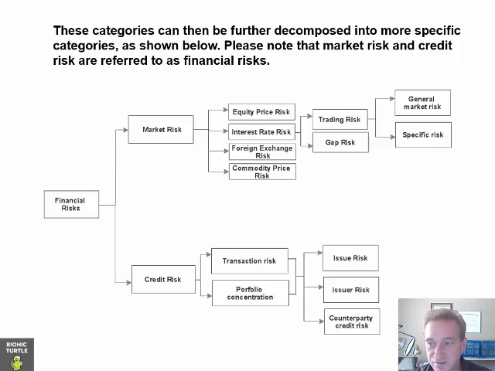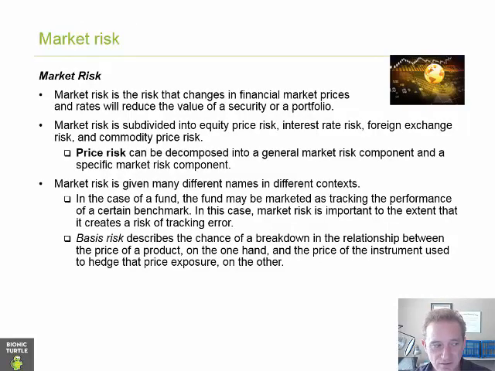Do you need to memorize this? I would say no, because you're going to get familiar with most of it anyway, but not necessarily in the frame of that typology. So I won't go too deeply into some of these concepts because they get reviewed specifically. Certainly market risk will.